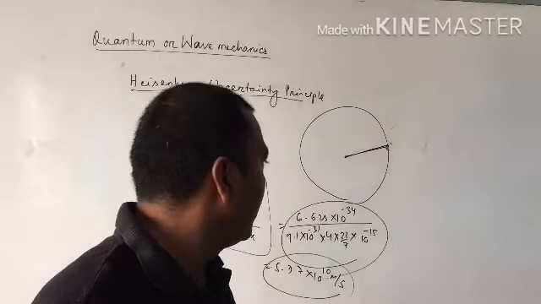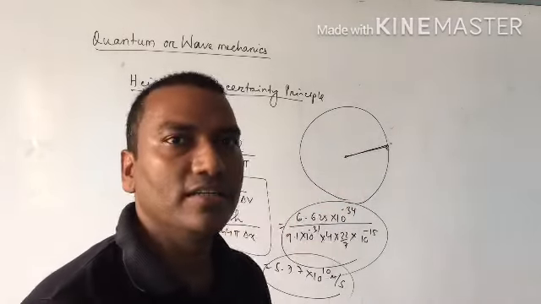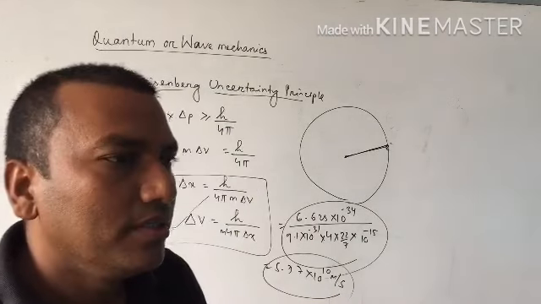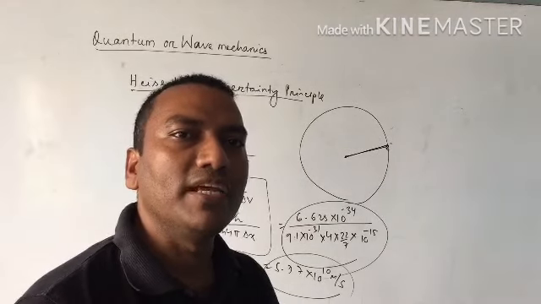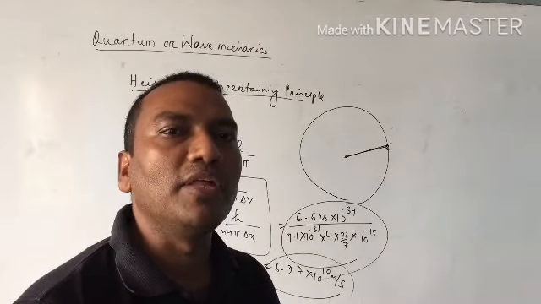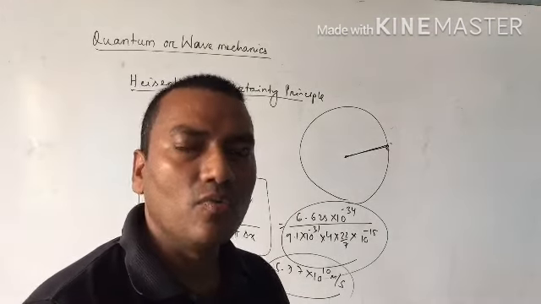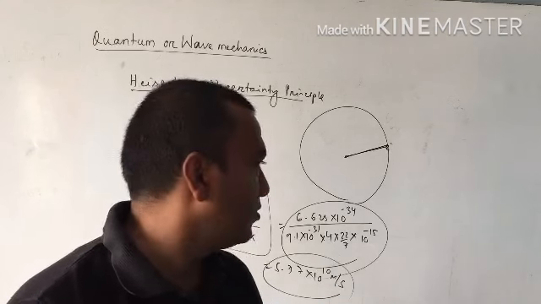The electron is present outside the nucleus, in any outside region. Got the idea? Both de Broglie and Heisenberg could not explain the three-dimensional model of the atom, because this is wave mechanics, or quantum mechanics, where we are studying the dual character of matter.